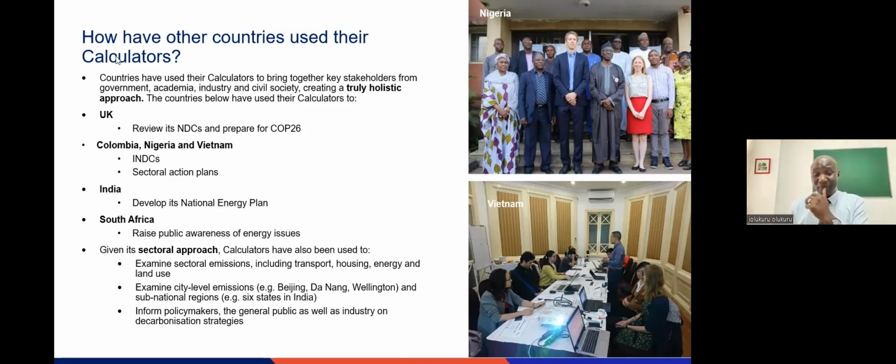What I just want to emphasize here is the tool is to promote data-driven policy making. Time has now elapsed for us to be making decisions based on intuition, based on gut feeling, based on what we think. Now we want to support this with data, and that's why the tool is there.